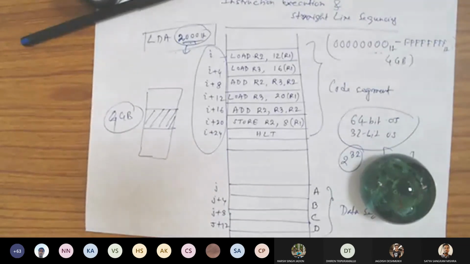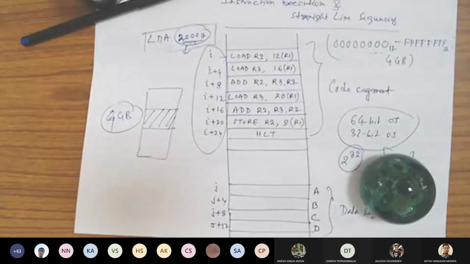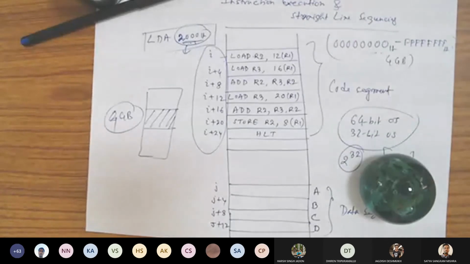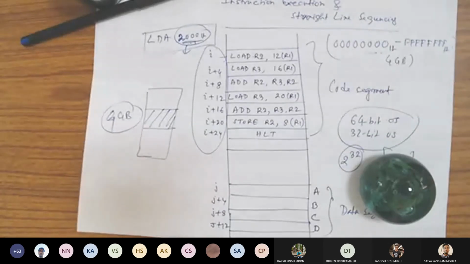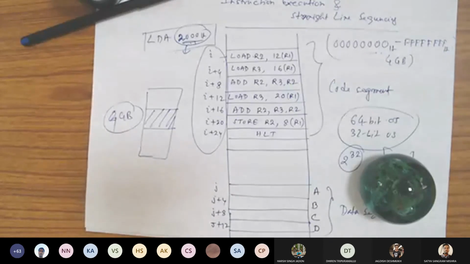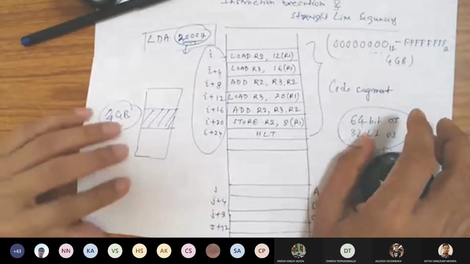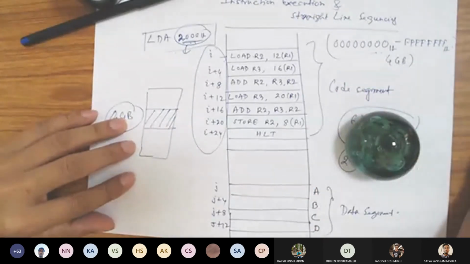The formats of the instructions may change from platform to platform, but the way they are executed will not change. So we need to understand that. That is the reason I'm spending more time here.